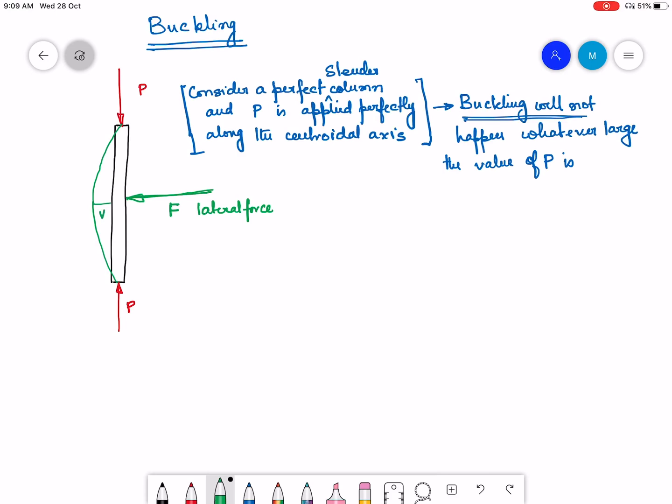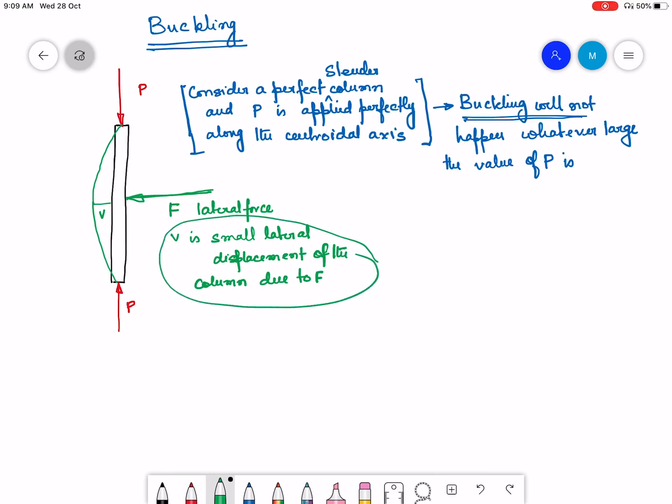V is a small lateral displacement of the column due to F. It is not buckling, it is just the lateral displacement because of the applied force.